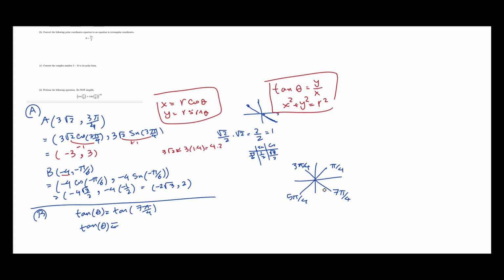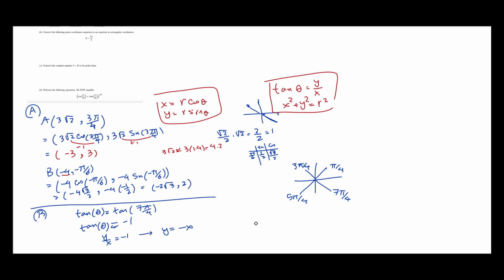Therefore, the tan is going to be a negative value. And I know tan with reference angle pi over 4 is 1, so it's negative 1 here. Now I'm going to use that formula and replace it back. y over x equal to negative 1 means y is equal to negative x.